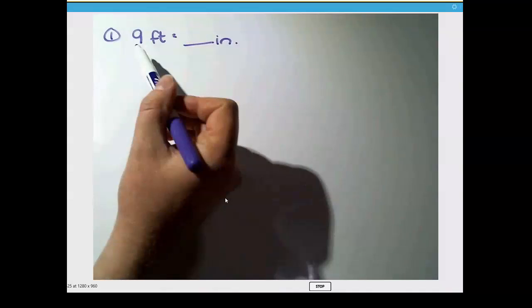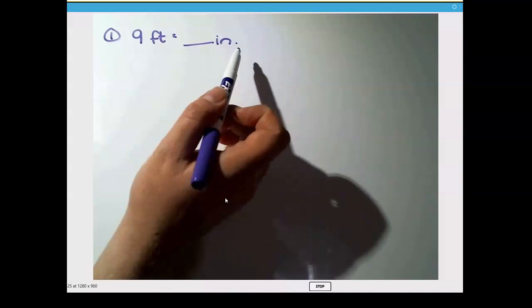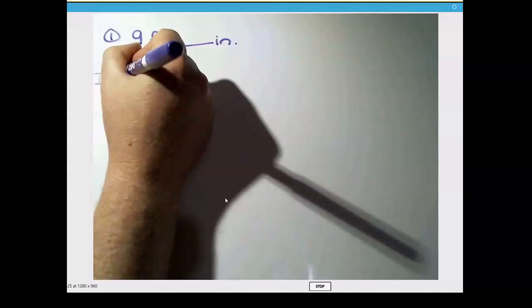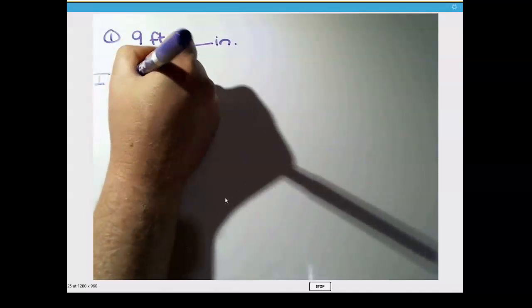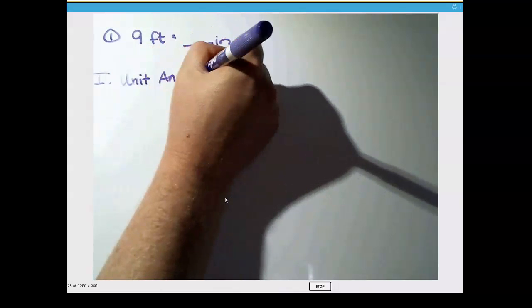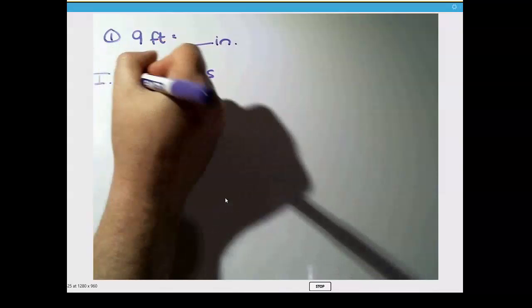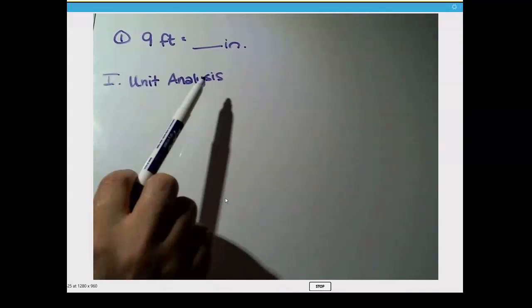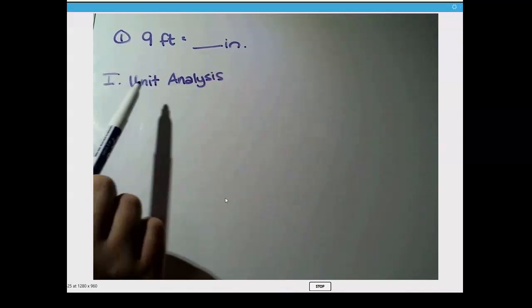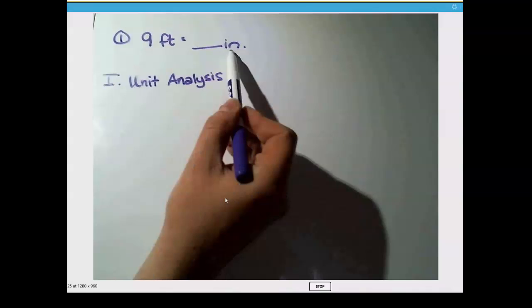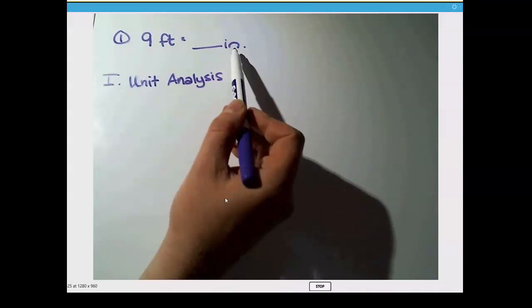So if I'm starting with 9 feet and I want to convert it to inches, one of the ways you can do it is by using unit analysis or dimensional analysis. What this method does is it sets up fractions that are multiplied together in a whole string, and by setting them up in this certain way, things that you don't want will cancel, and things that you do want to change to will be the only thing left.